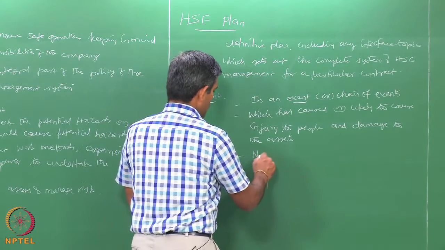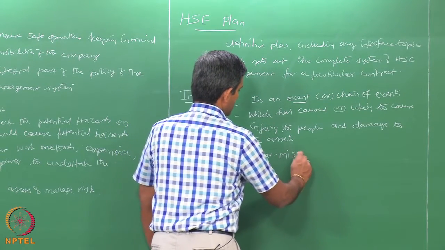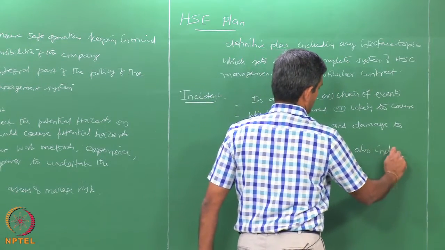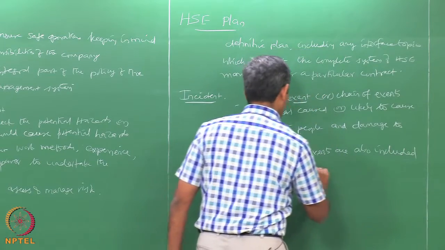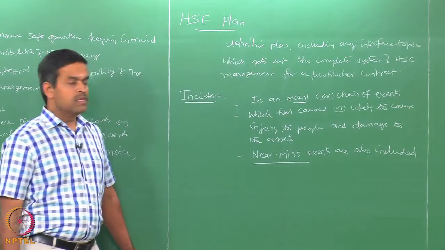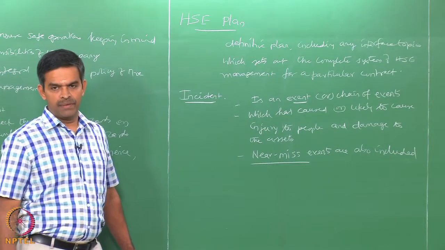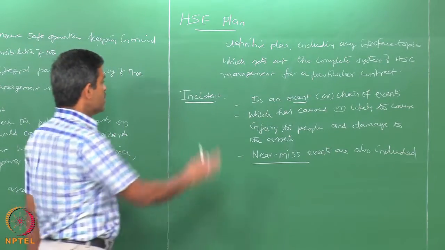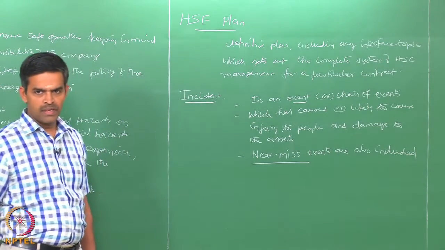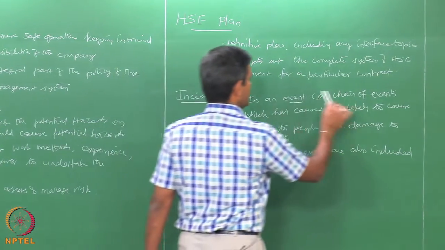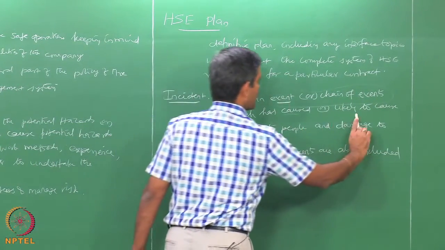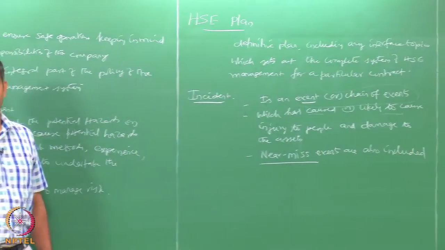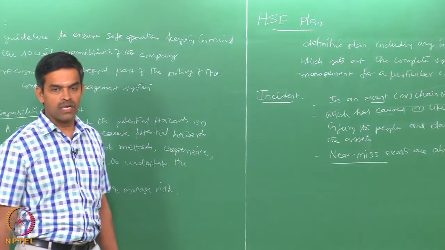It will also include something called near miss events. They are very important. The incident is likely to happen, but has not happened. So, they are called near miss events. So, please understand, incident is different from accident. Incident is only an event or chain of events which has caused or is likely to cause illness or damage. Then what is accident? Very interesting, it is a maturity of incident, we will talk about that.